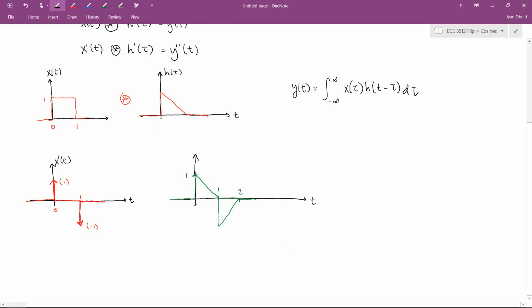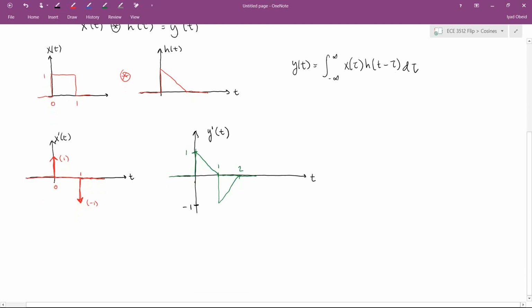And this is -1, and there we are. So what I've drawn now is not y of t, but the derivative of y of t. Because I convolved x prime with h, I get my answer, which I was able to do by inspection, which is y prime of t. But what I want is y of t.